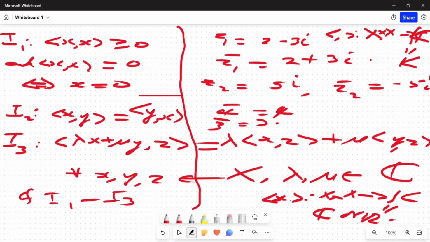Some of our examples will be on C, some on R, because both of them are fields, so you can pick scalars from them.